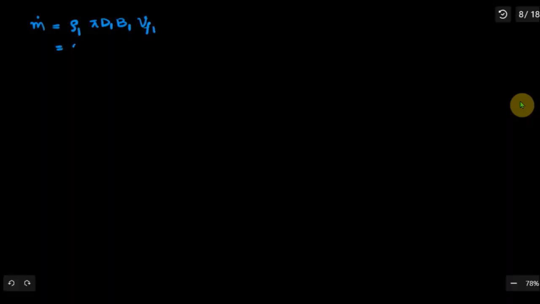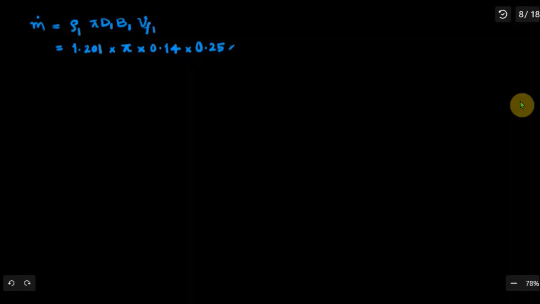So rho 1 we calculated 1.201, then into pi into the diameter at inlet, 0.14 meter, that is 14 centimeters, into the breadth or width of the impeller at inlet, that is 25 centimeters, 250 mm, that is 0.25 meters.